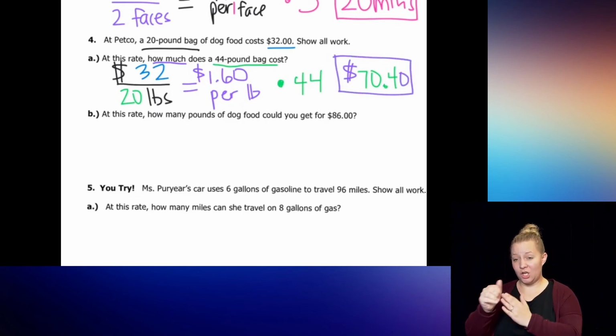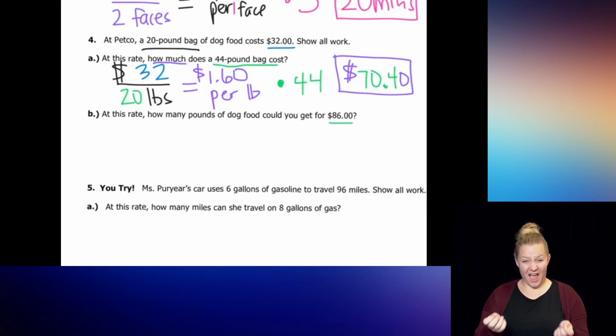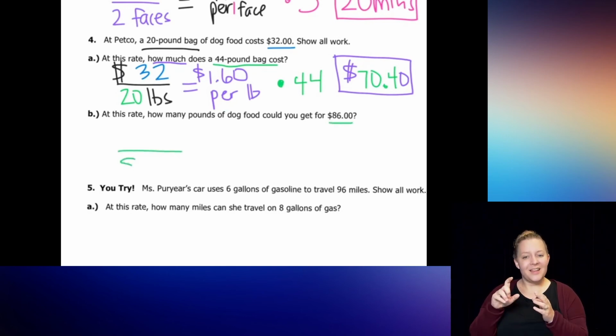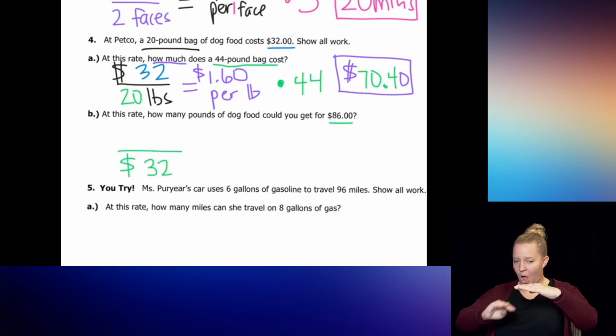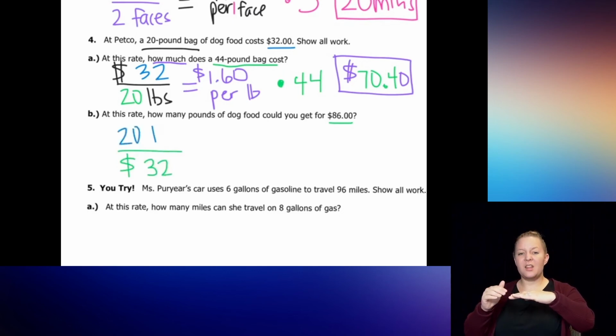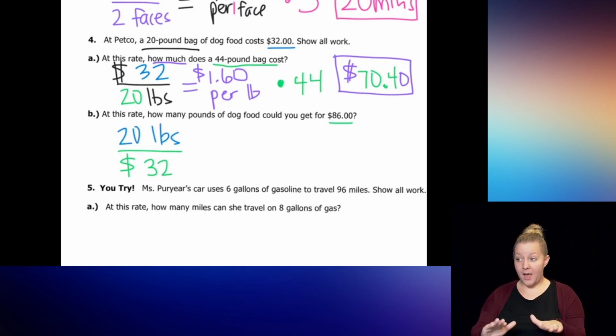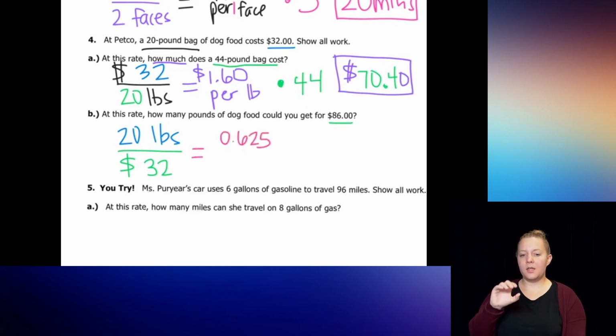All right, and then the next one. At this rate, how many pounds of dog food could you get for $86? So in order to find 86, you got to find the 1. Therefore, dollars goes down in the denominator. So I know that $32, the original amount, was 20 pounds. Therefore, when we divide this out, in order to figure out how many pounds you can get for just $1, when I divide that, I get 0.625 pounds per dollar.